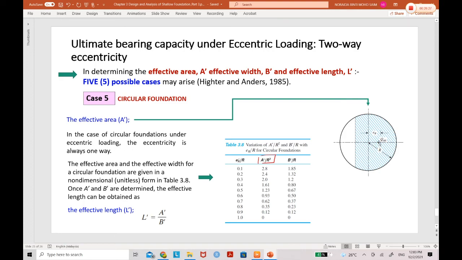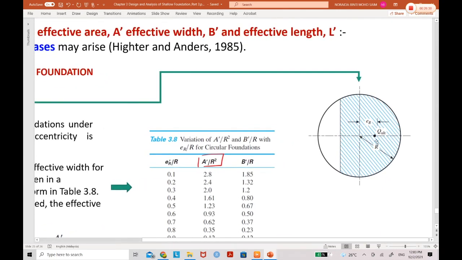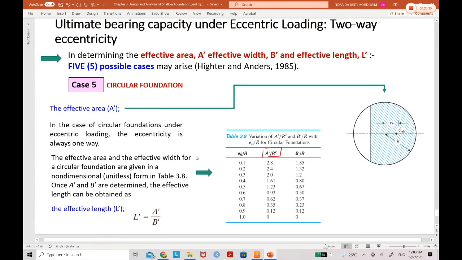As you can see here, ER over R, where R is the radius. To get the effective area and the effective width, we can refer to this table that has 3 columns: ratio of ER over R, A over R square, and B prime over R. Let's say you have ER over R of 0.7, then A over R square is 0.62 and B prime over R is 0.37.